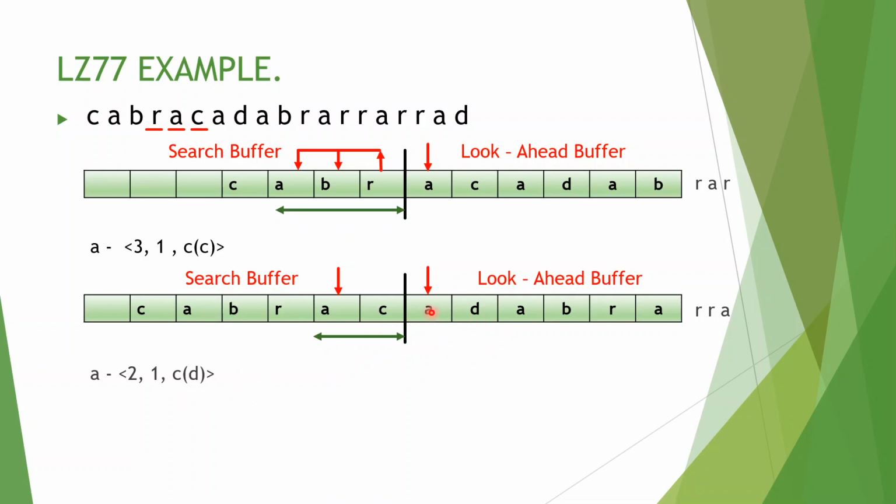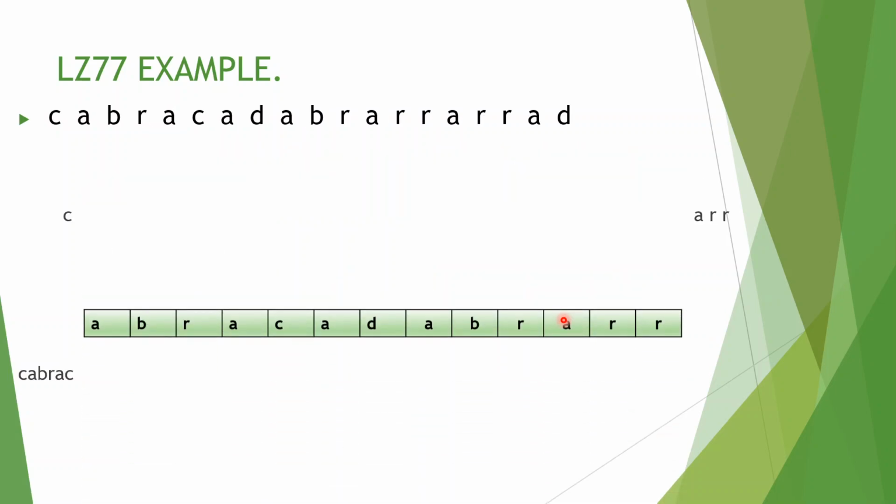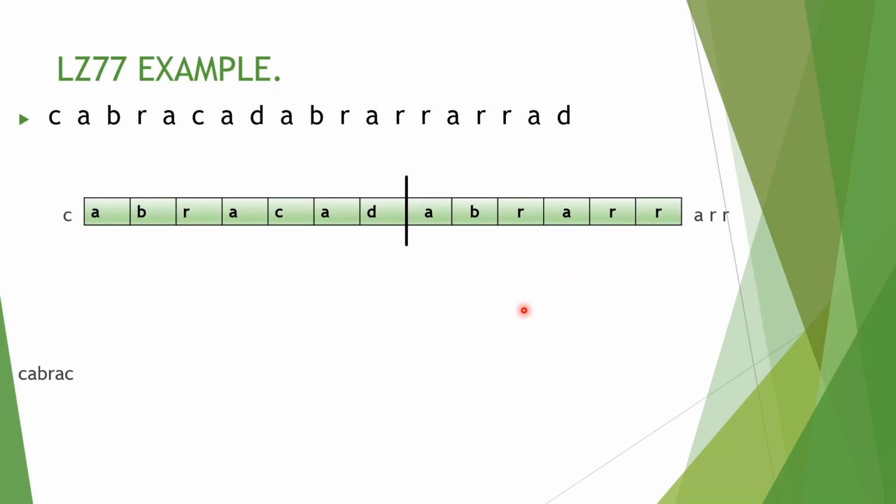So here we encode A and D, and slide those symbols A and D into the search buffer, and add the next two symbols R into this look ahead buffer. Now we store the A and D in this search buffer, and the whole size of this search buffer is 7.